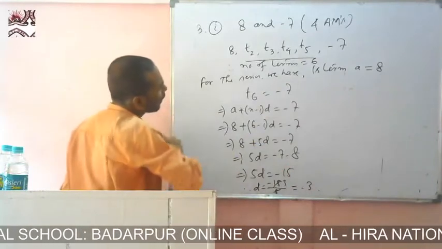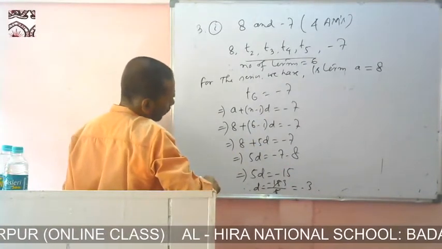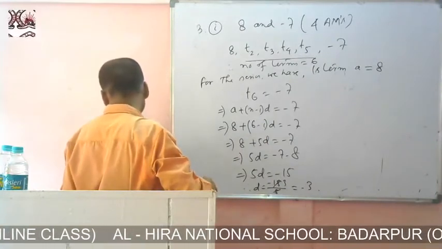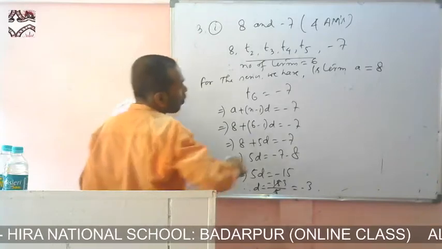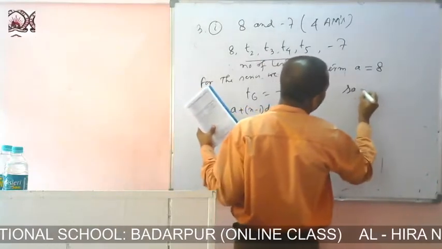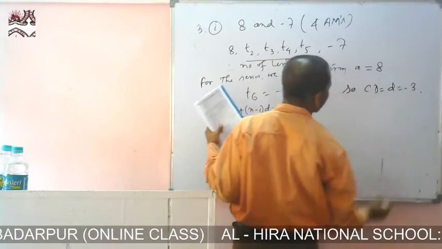So we are getting A equal to 8 and D equal to minus 3. The common difference D is minus 3.